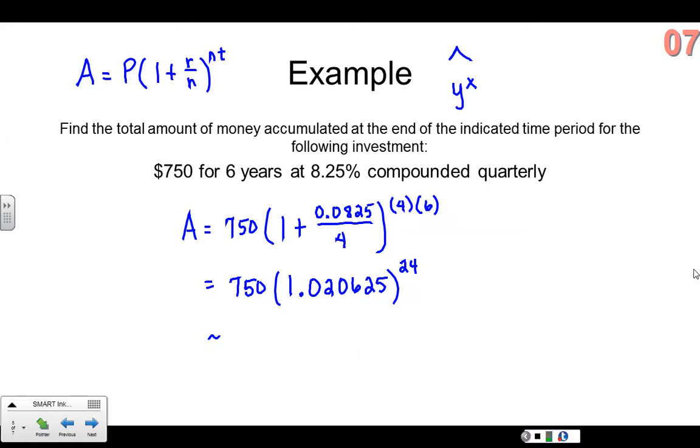So the approximate amount of money, and since it's money, I'm going to round off to the nearest cent. That would be 750 times 1.020625, exponent key, 24, equals. So at the end of that 6 years, I have $1,224.19.